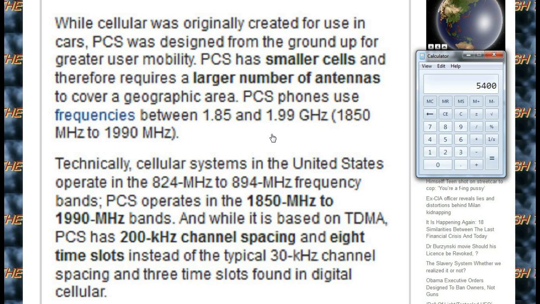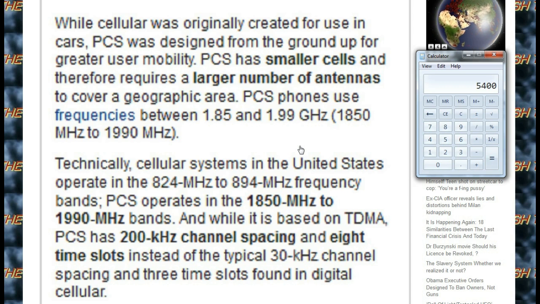It's confusing. It really is. But it doesn't matter. I can tell you right here that your microwave oven is 2.4 gigahertz, which would be 2,400 megahertz. Okay?